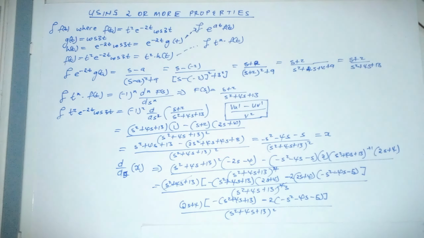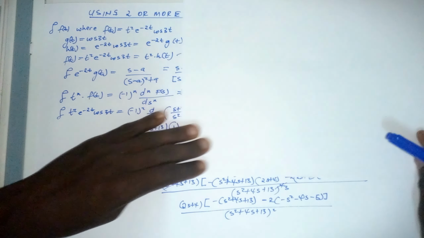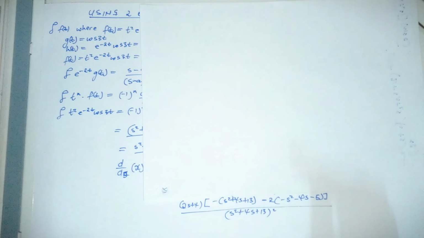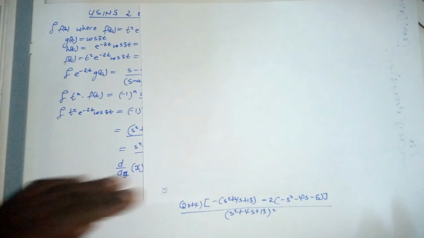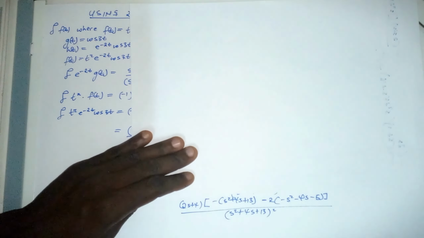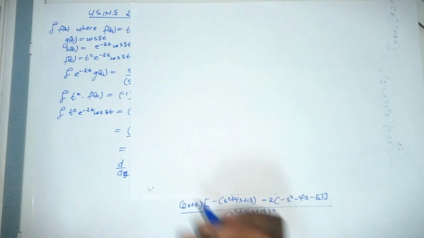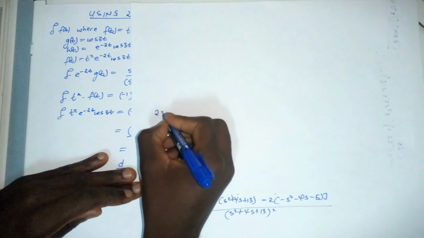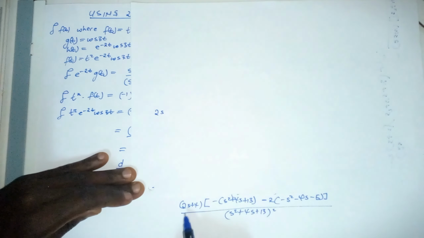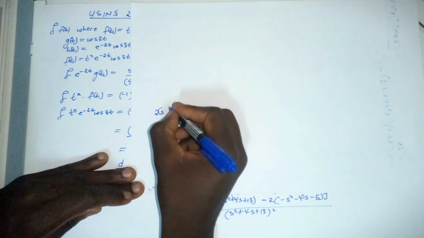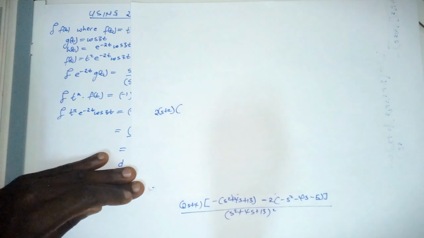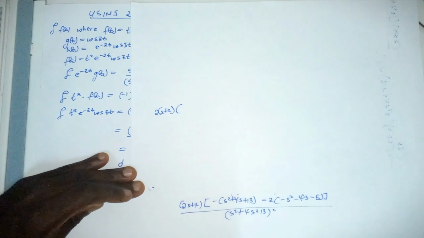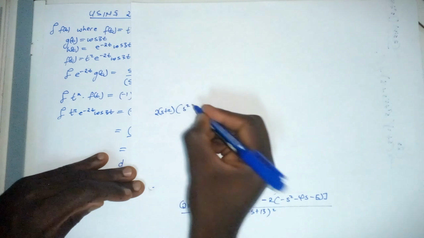Okay, and if we simplify here, let me write it on top. So if we simplify, you're going to have 2s. Okay, we can actually factorize here. You're going to have 2s plus 2. Okay, and we're going to have negative s squared plus 2s squared, and that is going to give us s squared.